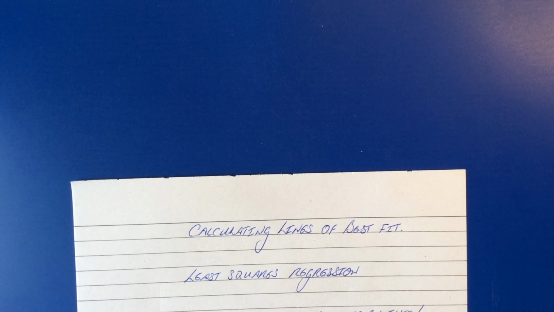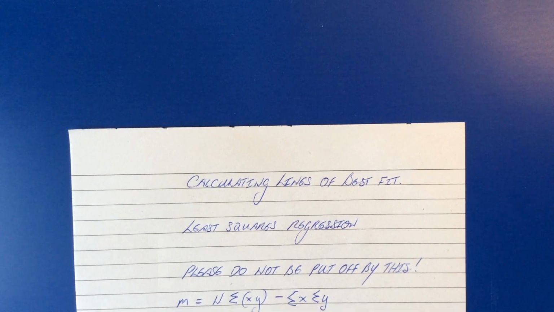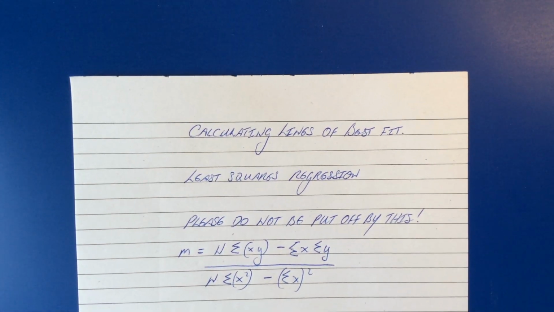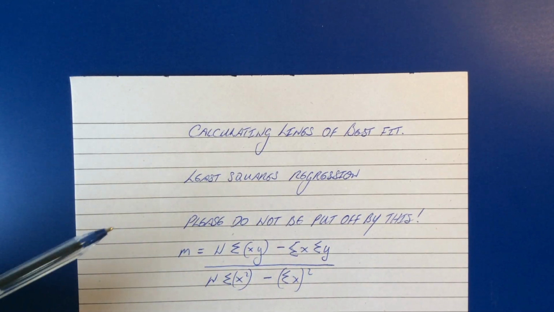Okay, so essentially we're calculating a line, which means we get a linear equation. And so we have to calculate two things. We have to calculate gradient, and please note this warning, do not be put off by this. You don't have to do this. This is what goes on inside your calculator.